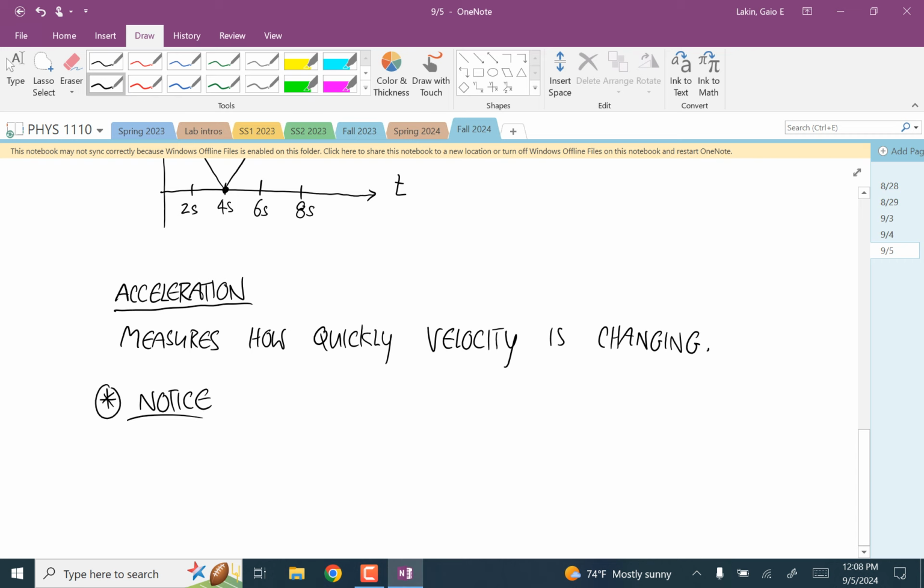They mean the exact same thing. Constant velocity, so a velocity that doesn't change, and 0 acceleration mean the exact same thing.